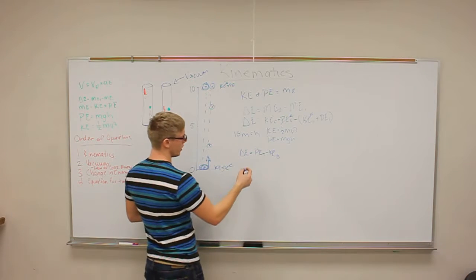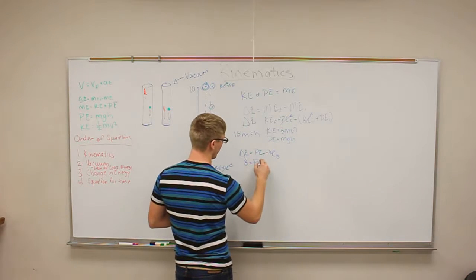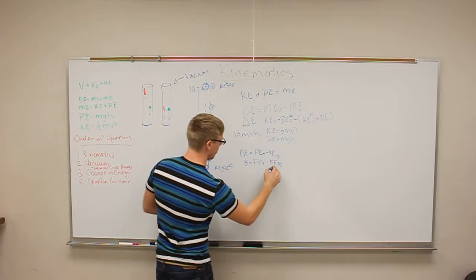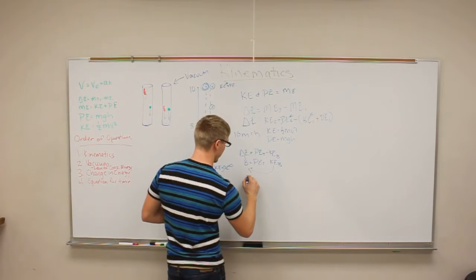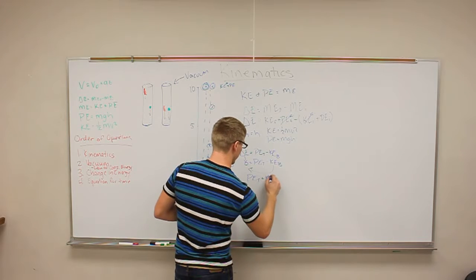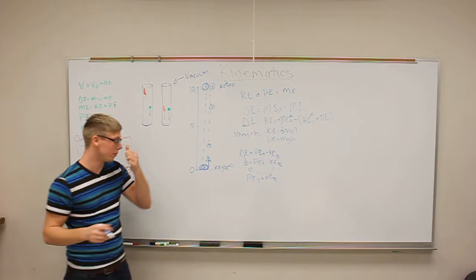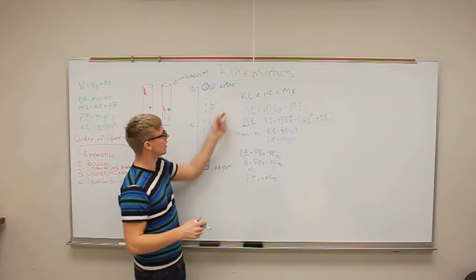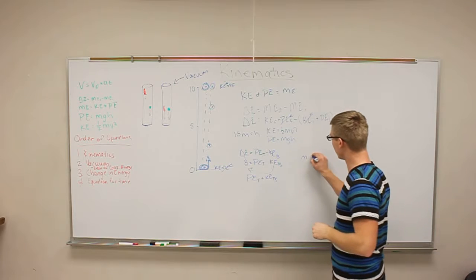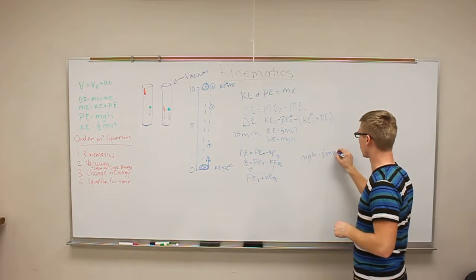So the law of conservation of energy says that we can make this equal 0. If this is equal to 0, then we can move this around and make the energies equal to each other. So we have the potential energy at the top equal to the final kinetic energy at the bottom. Rewriting these into their forms, we have mgh equal to 1/2 mv squared.